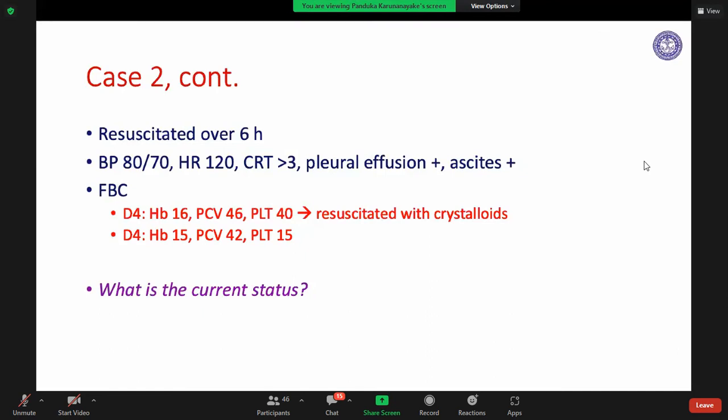So she may be bleeding right now because hemoglobin is also low, PCV is also reducing with the platelet count 15. That is right, definitely.